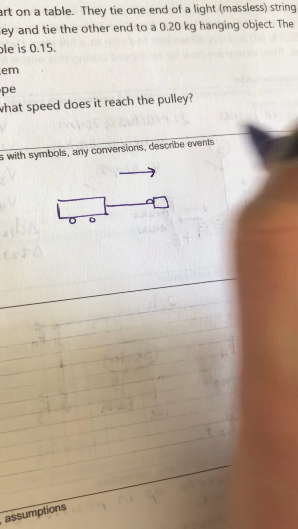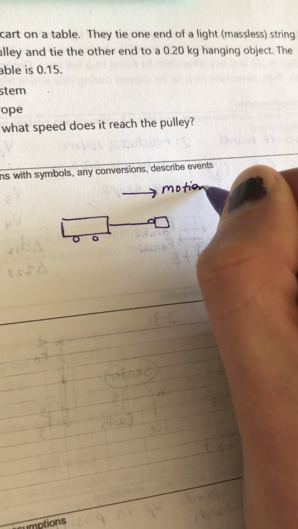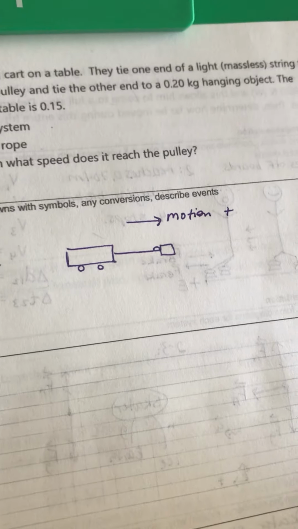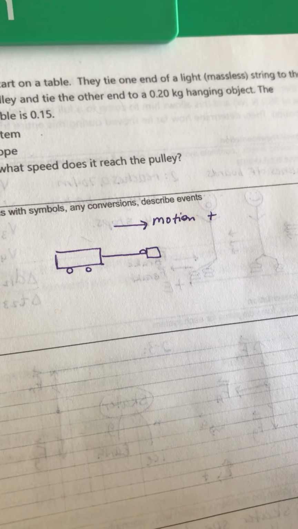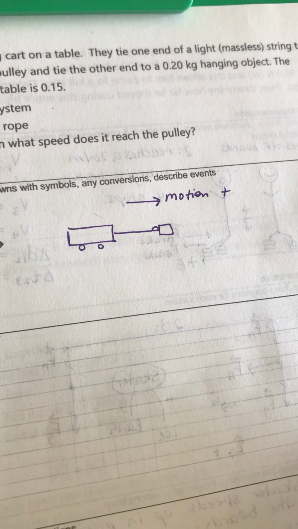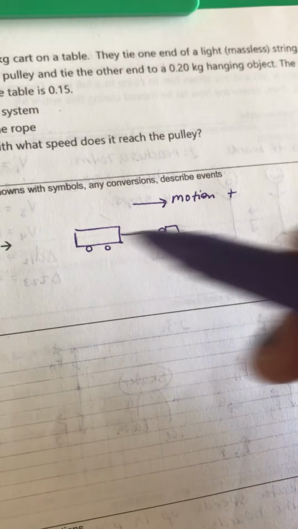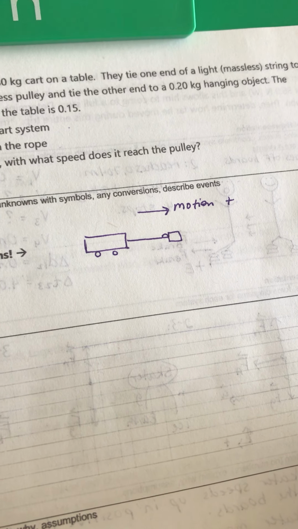Okay, our objects will move in this direction, and we'll say that that's the positive direction. And this will help us now, because when we go to draw our force diagrams, we'll have everything in one direction, the left and right direction, or the x direction.